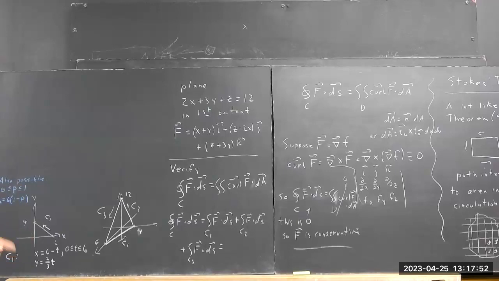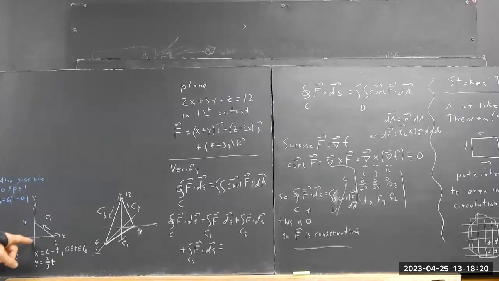When p equals 0, x has to be 6. When p equals 1, x is going to have to be 0. P goes from 0 to 1. To be pretty clear, just by inspection, the 1 minus p is going to go from 1 to 0.